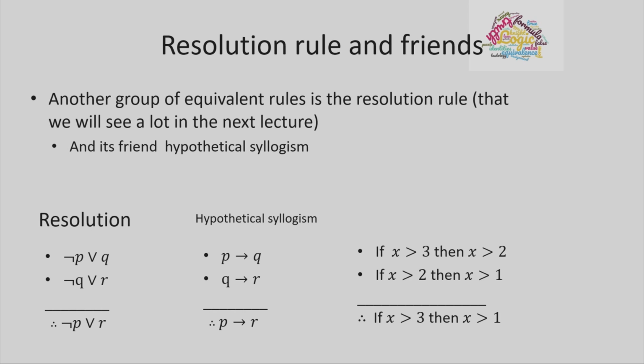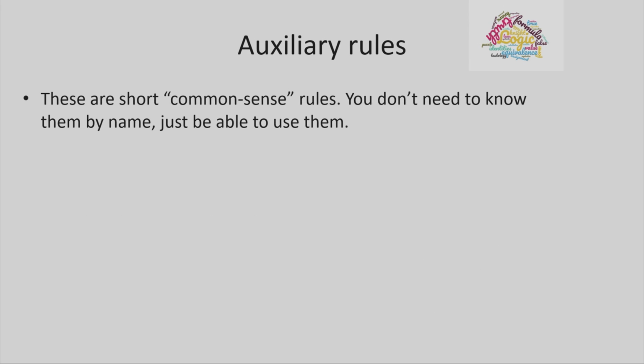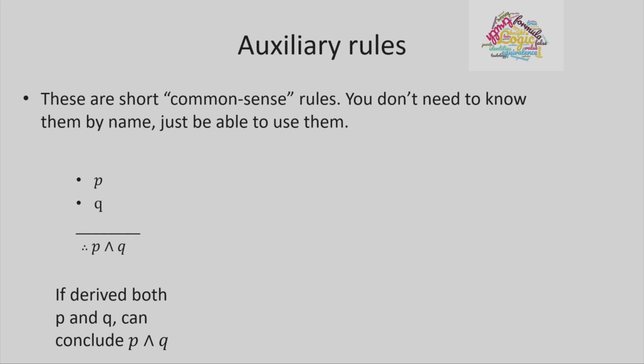So speaking of common sense, there are several more rules that you may come across which kind of have names, but it's not really very famous names. They're kind of common sense rules, auxiliary rules. For example, if you've derived that P must be true from premises, if premises are true, then P must be true.